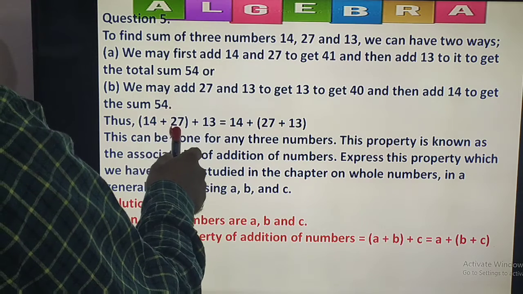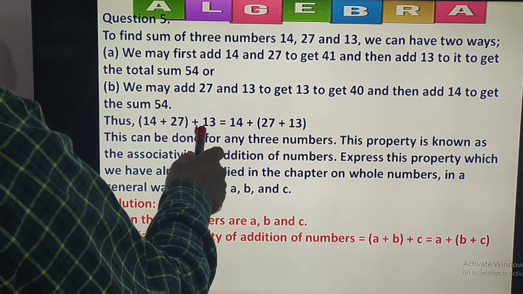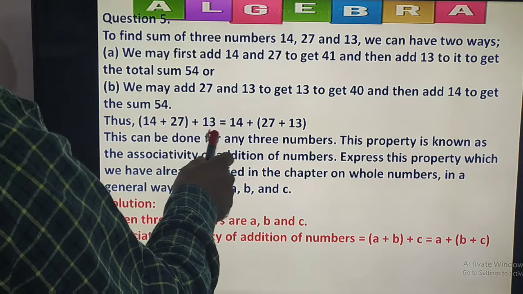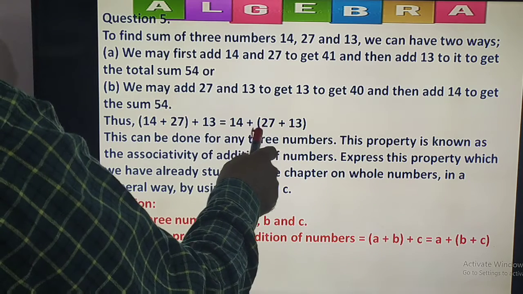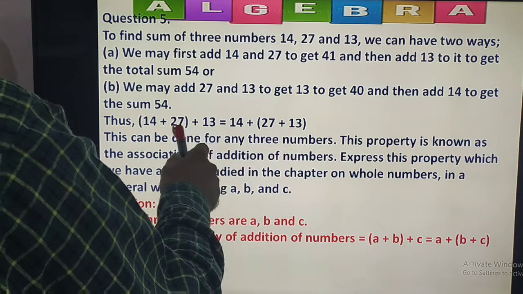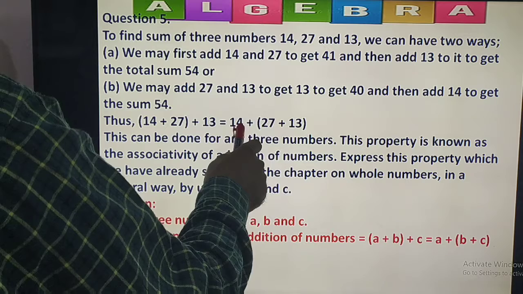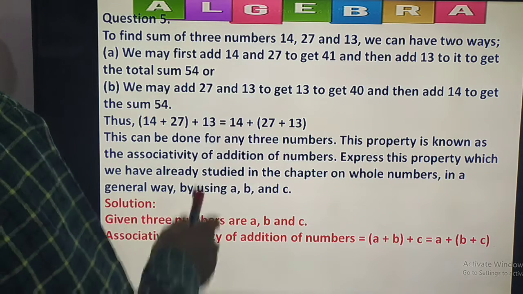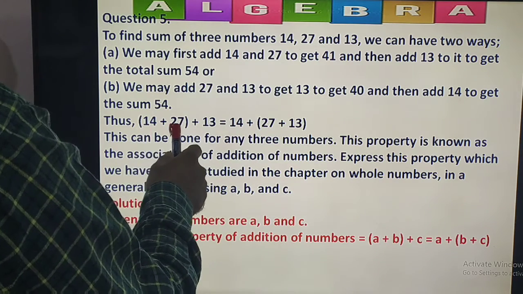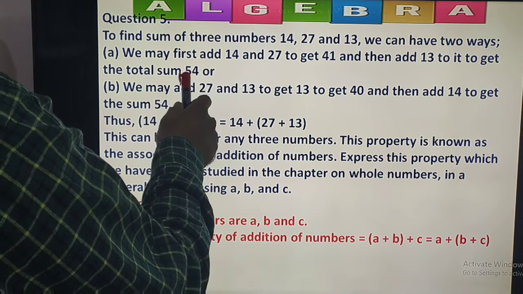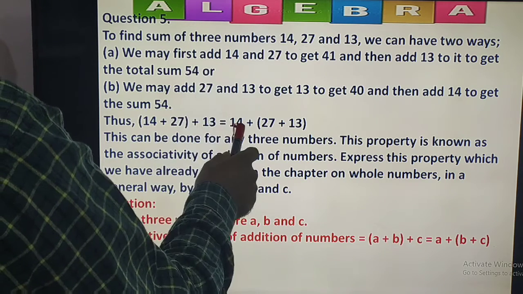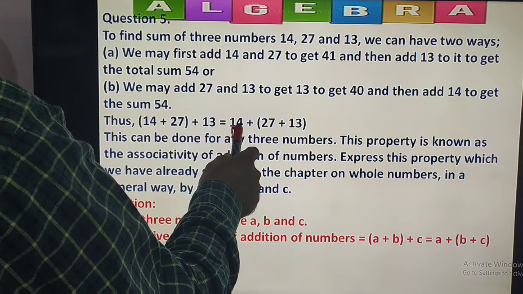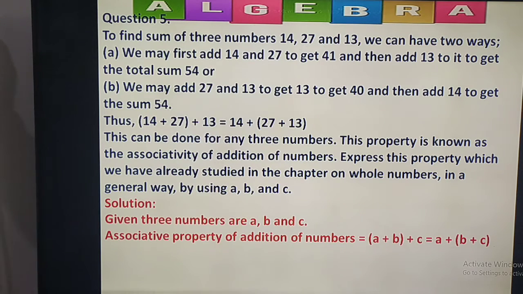Then 14 plus 27 gives some number, and if you add 13 then it gives 54. The second way is we add the last two, 27 and 13, and then after getting this addition we can add 14. So if you add the first 2 numbers and add the third, the answer is 54, and if you add the last 2 terms and then add 14, the answer is the same.